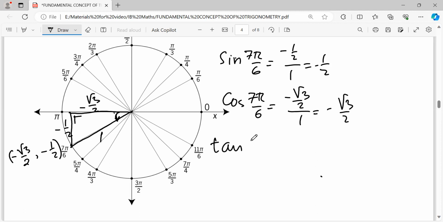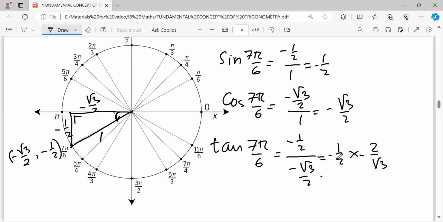Tangent 7 pi over 6 equals negative half over negative square root 3 over 2, which is negative half times negative 2 over square root 3. It's going to be 1 over square root 3, or if you multiply, it becomes 1/3 square root 3.